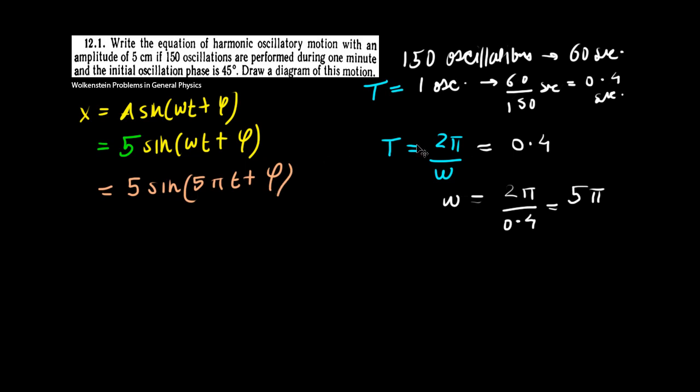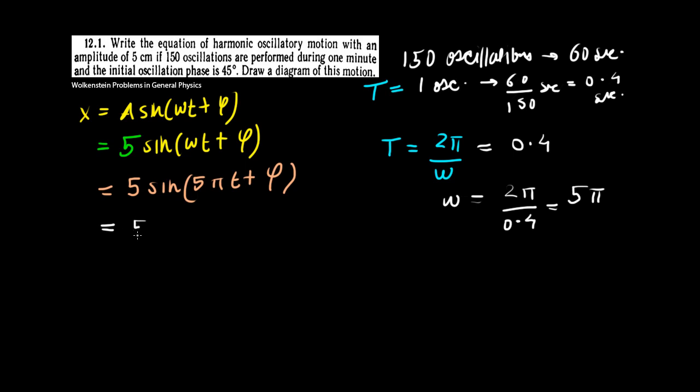And now I might have forgotten to tell you that this phi here is called the initial phase angle. It depends on which portion of time you have chosen as t equals 0. Okay, so they have given the initial oscillation phase is 45 degrees, right?